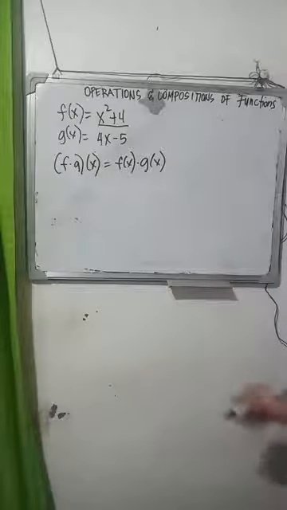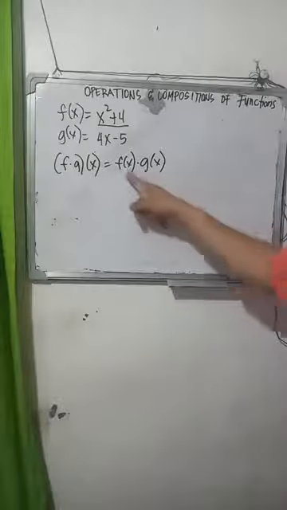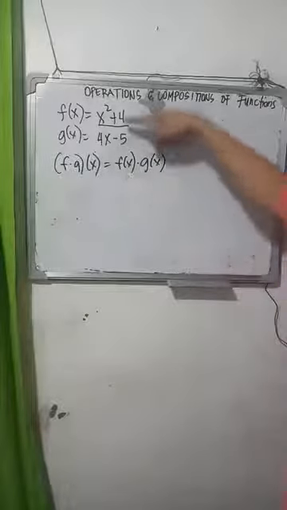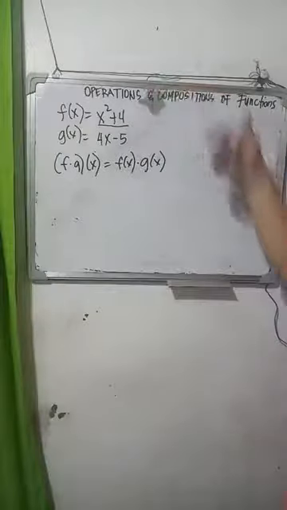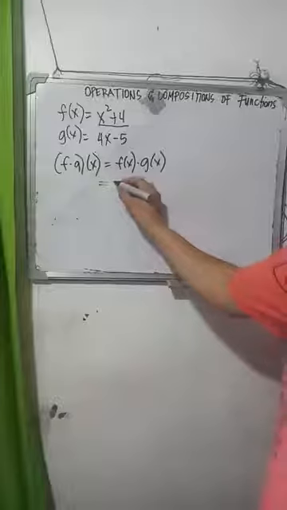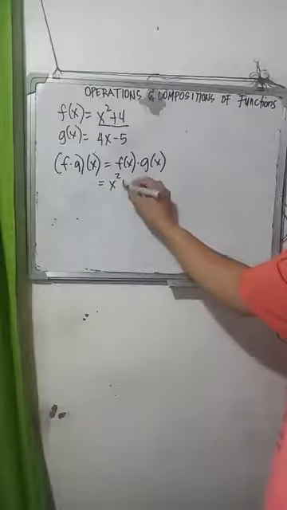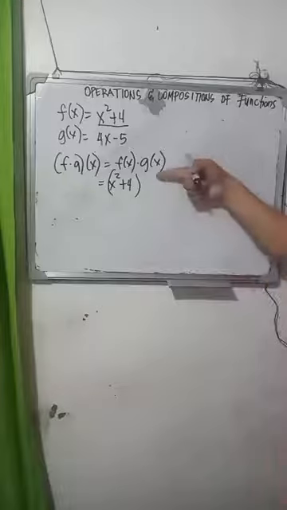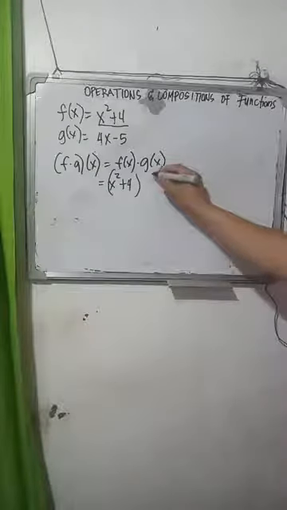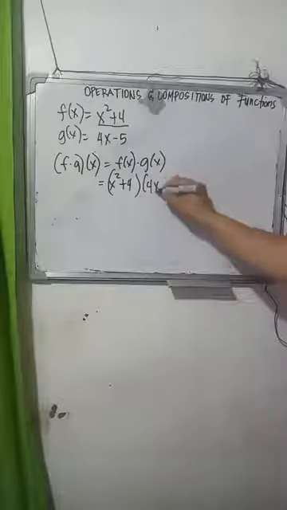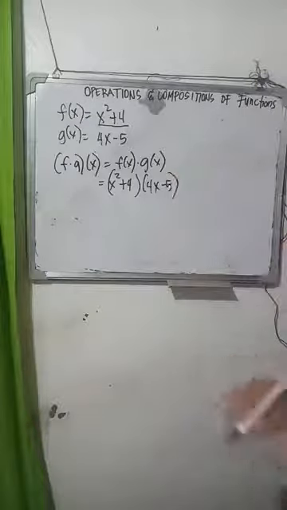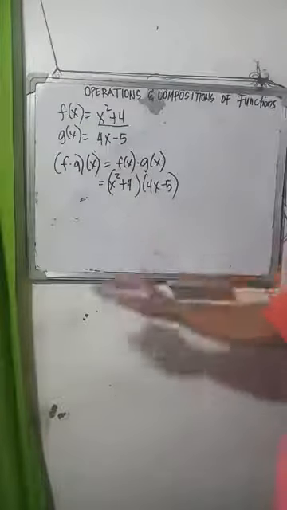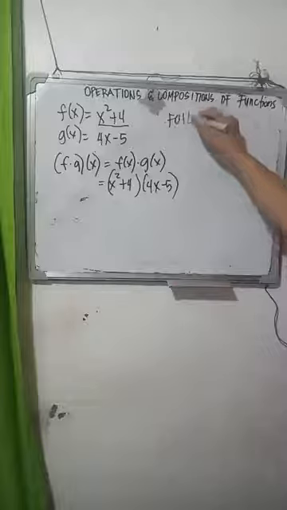Next, again, substitute the value of f of x. The value of f of x is x squared plus 4x. So we have x squared plus 4x times the value of g of x, that is 4x minus 5. Next, using FOIL. Ano ba yung FOIL?